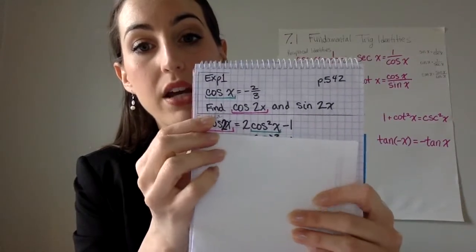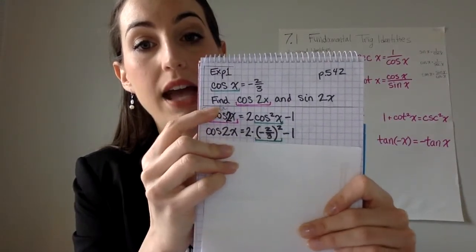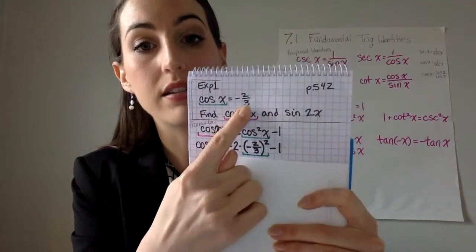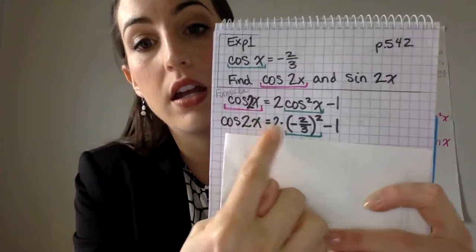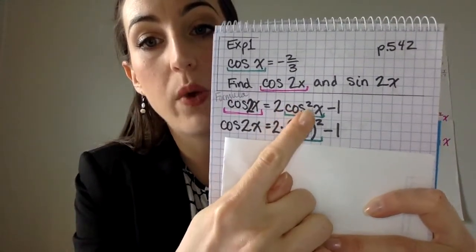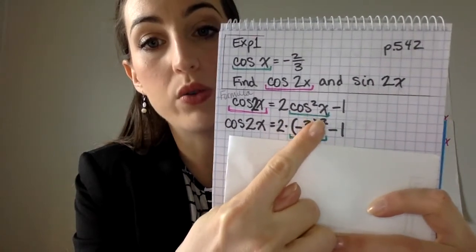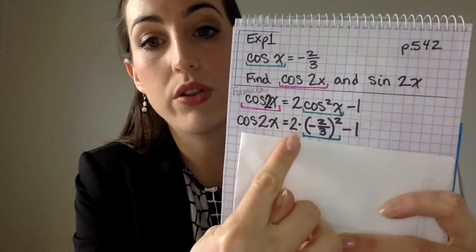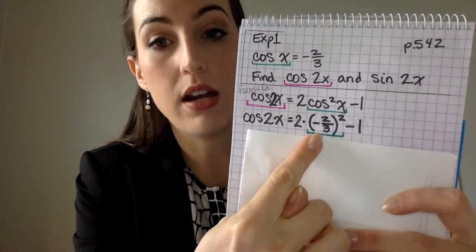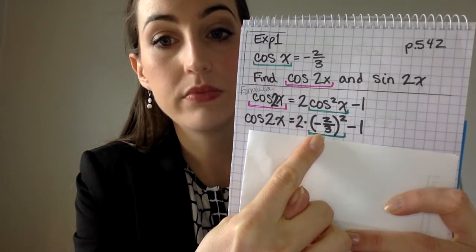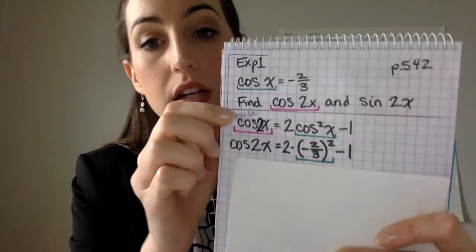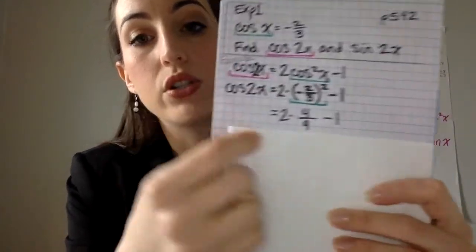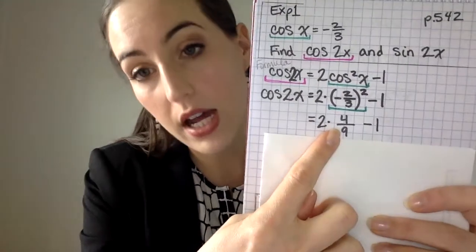And now I'm going to plug in. I know my cosine x. Cosine x is -2/3. And in the formula, cosine squared x, that means you take what cosine x is and square it. So I'm going to square -2/3 and plug that into the formula. -2/3 squared gives you negative times the negative is a positive. 2 times 2 in the numerator gives you 4. 3 times 3 in the denominator gives you 9.